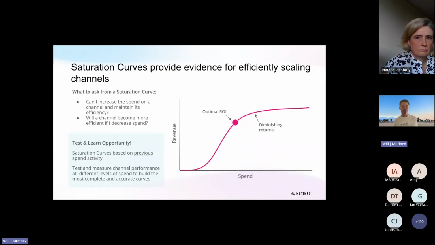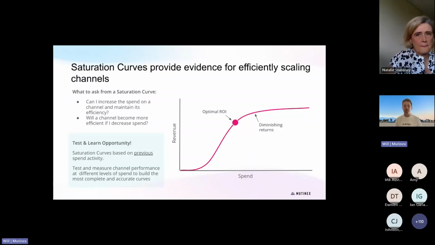There's so many test and learn opportunities here because a saturation curve is built based off your historic data. So if you've only ever used a channel in a fairly confined way, using a fairly consistent level of spend on that channel, you're going to want to run a test of that channel at a higher level of spend. Maybe a test at 10 or 20% higher spend than what you previously used to do.